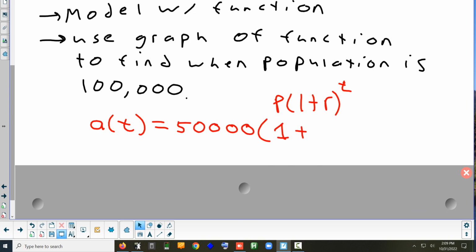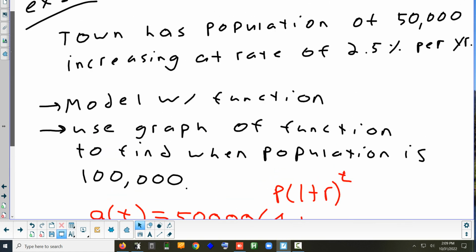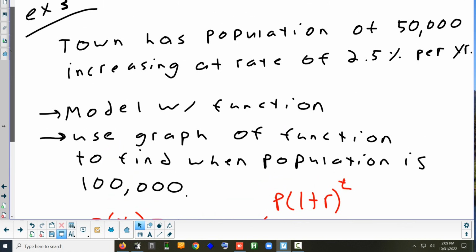Times 1 plus R. So now I need my rate. Before we write the rate, what did I say about the rate? It has to be written as a decimal. That's a percentage. So what's 2.5 as a decimal? 0.025.